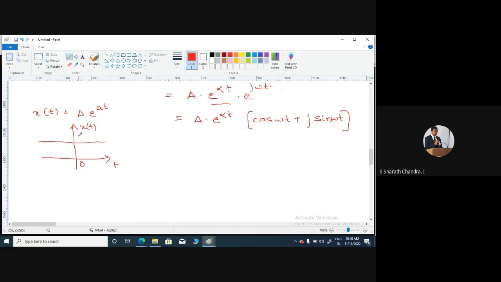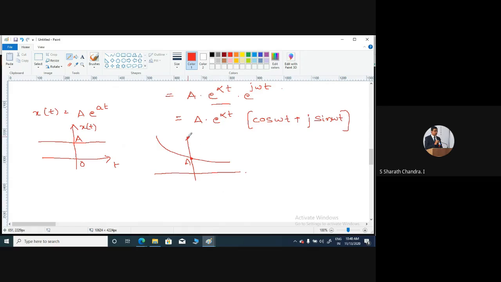Once again this is a constant which is equal to A. And if a is less than 0, that means it represents only a purely real value, and the imaginary value omega is equal to 0, we could see that it takes the shape of a decaying exponential, as we have seen in the case of a real exponential signal, because if omega is equal to 0, this entire part becomes 0, cos omega becomes 1, and therefore we are left with A into e power alpha t, and therefore this will be the same.